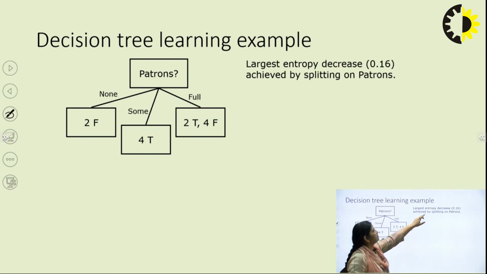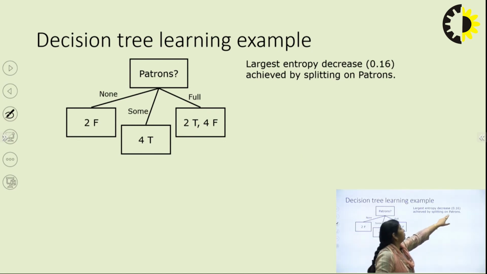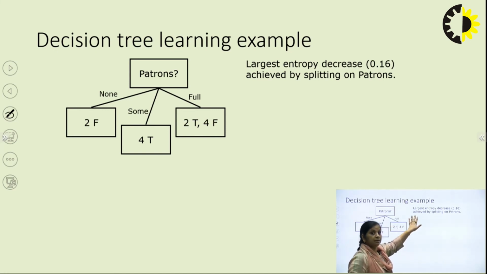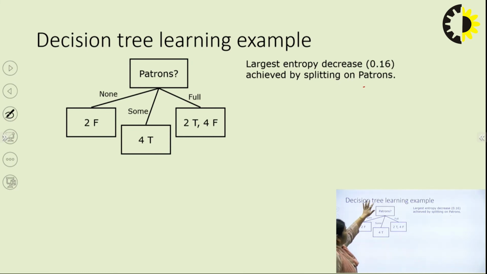The largest entropy decrease is 0.16, and it is achieved by splitting on Patrons. So on the top, we will take Patrons. It means the most important attribute is Patrons. This is the reason we have taken Patrons at the top among those 10 attributes for the first test.